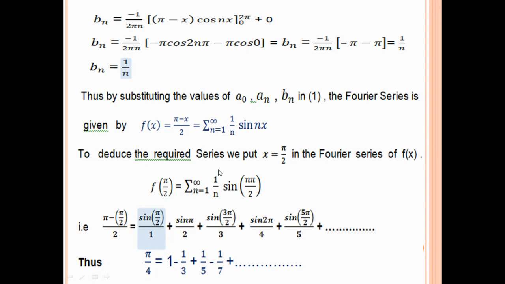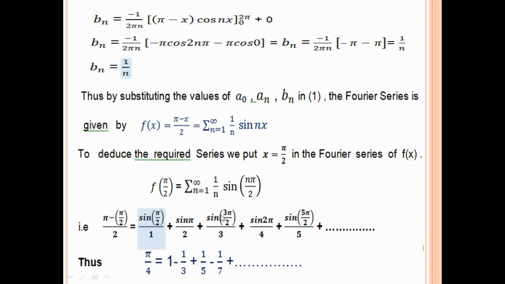To deduce the required series, we put x is equal to pi by 2 in the Fourier series of f of x. Therefore, f of pi by 2, substituting x as pi by 2, is equal to summation n running from 1 to infinity 1 by n sin n pi divided by 2.